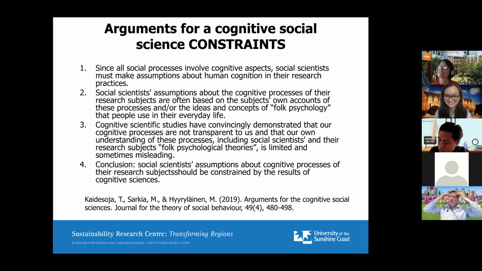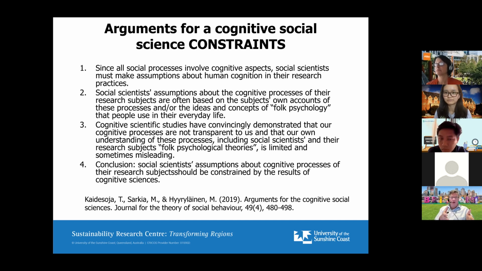And so unless you can understand how our brain works, you can't explain what we're doing. But in fact, we know that many of the ideas about how our behavior and our thinking happens come from folk psychology, from our everyday understanding of the world around us. And the problem is cognitive science has proven that much of that folk psychological explanation is wrong.